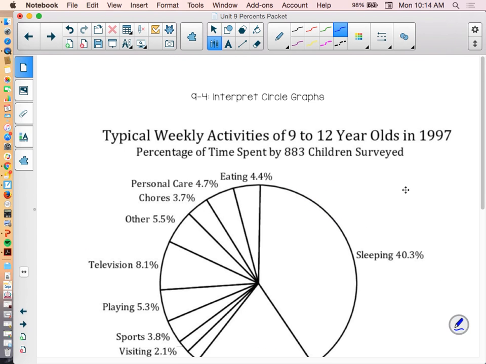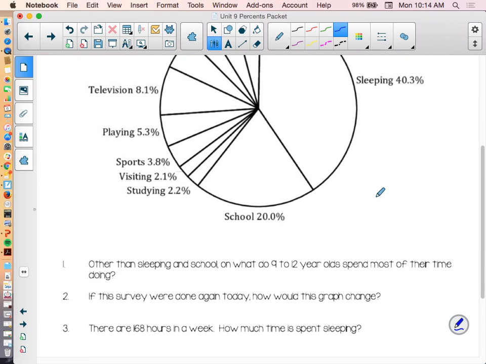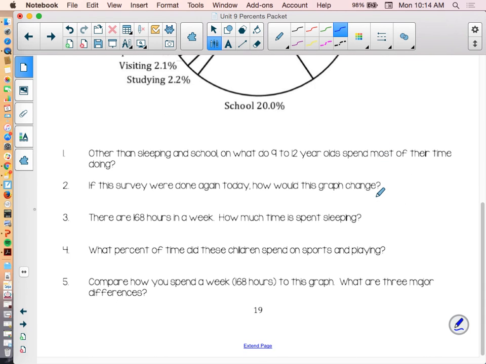If you look at the last page of your homework, 9.4, interpret circle graphs again. This one's talking about percent of weekly activities for a student about your age. And you can see how close this is to what you usually do. Other than sleeping and school, on what do 9 to 12-year-olds spend most of their time doing?